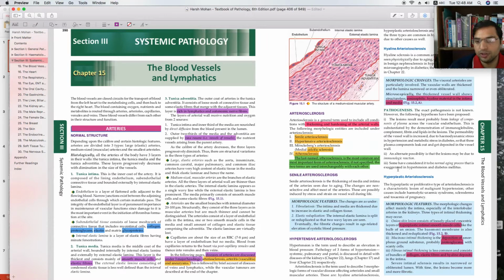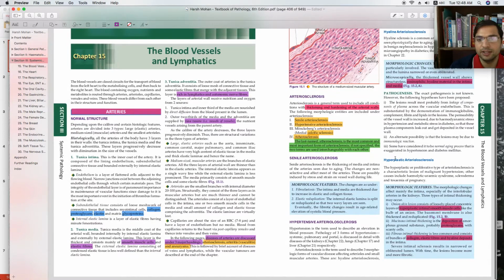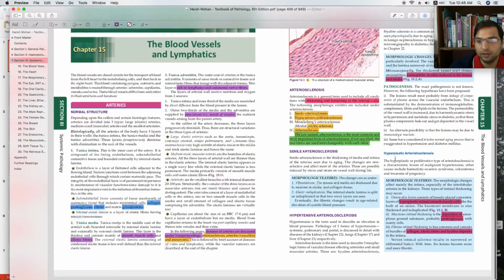Also, there is deposition of proteoglycans, hyaline material, collagen, and elastin fibers. Because of this deposition and the hyperproliferation of smooth muscle in the tunica intima, the arterial walls become thickened and hardened in hypertension. So hypertension and age cause arteriosclerosis.